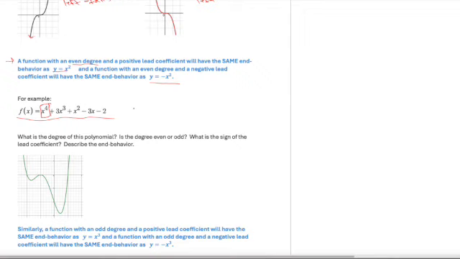This is a degree 4 with a positive lead coefficient. So this is a positive even function, which means it will have the same end behavior as y equals x squared. And take a look at what the graph of this looks like. Both ends point up, just like x squared. What goes on where the zeros are, whether they touch or cross, is going to vary, but the end behavior will be just like f of x equals x squared.